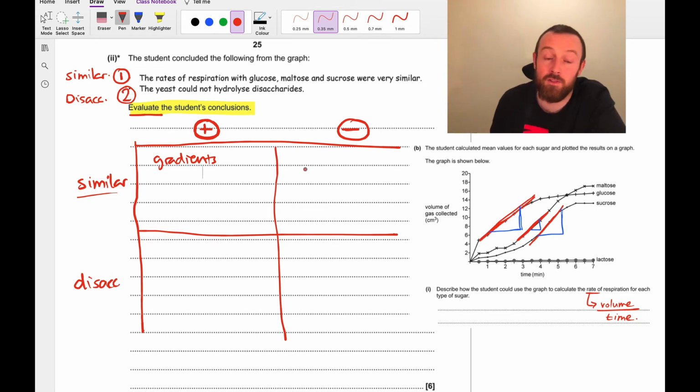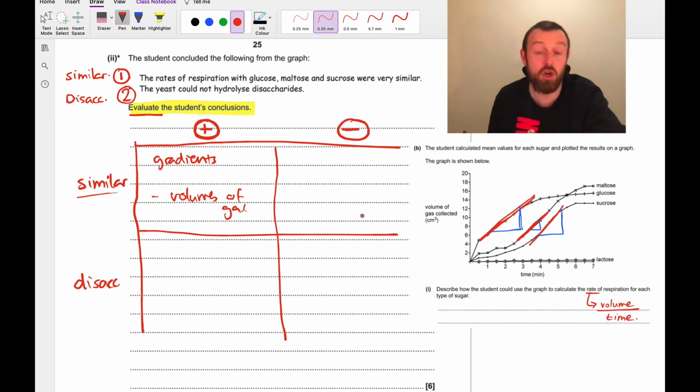The other thing is they all reach similar volumes of gas eventually. You could probably also say that. Eventually, volumes of gas are approximately the same. I don't know if that's worth a mark, but it's worth a go. You can't get marked negatively for saying stuff that's not quite right.